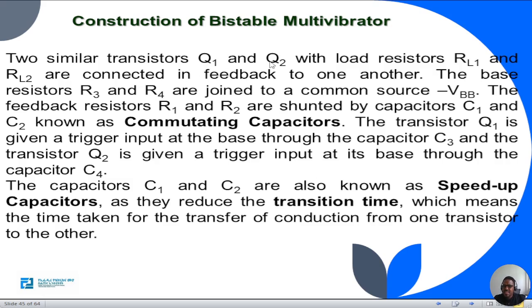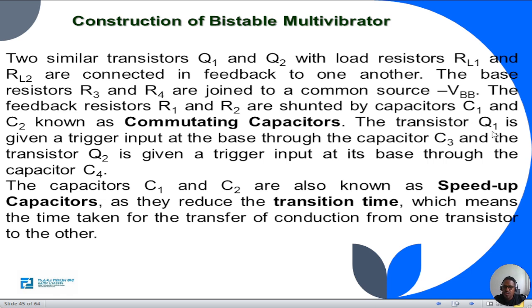Two similar transistors Q1 and Q2 with load resistors RL1 and RL2 are connected in feedback to one another. The base resistors R3 and R4 are joined to a common source of negative VBB. The feedback resistors R1 and R2 are shunted by capacitors C1 and C2, known as commutating capacitors.